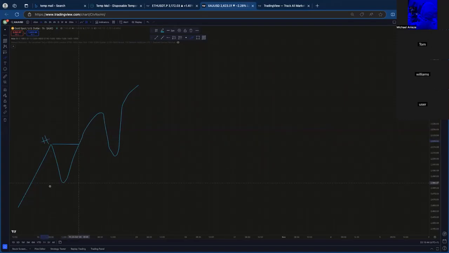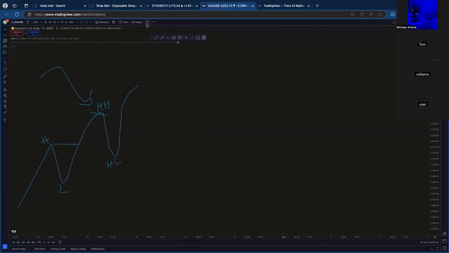This would be your high. This would be your low. This would be your higher high. This would be your higher low. Now, for those that don't understand, this one right here is called a higher high because this high is higher than the previous high.